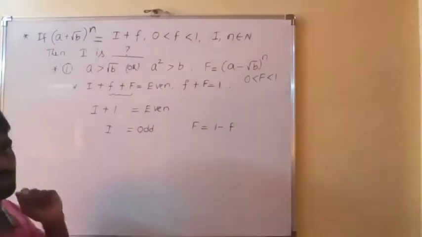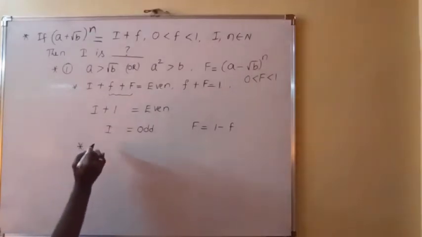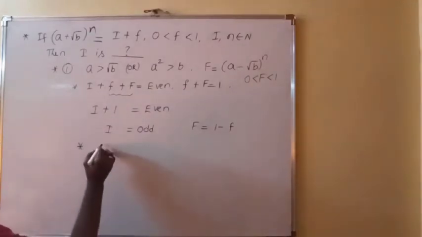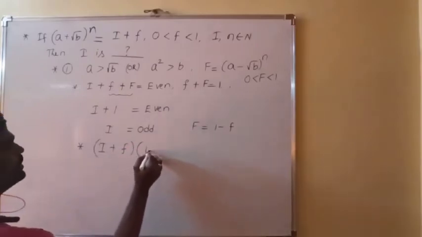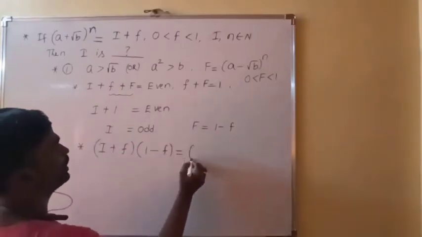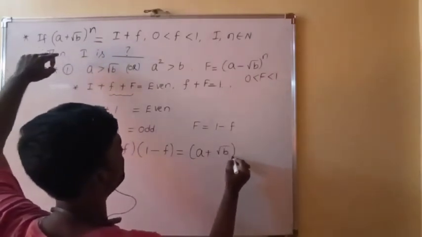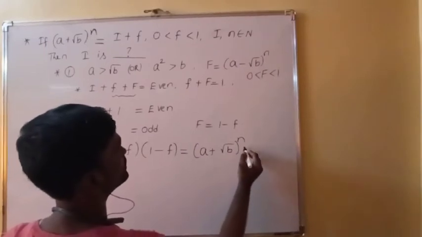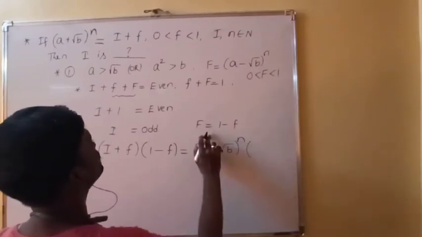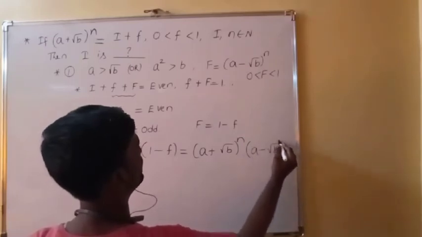So in this case you have to remember two points. First, I is an odd number. And second, as F is 1 − f, then (I + f)(1 − f): I + f is what? (a + √b)^n. 1 − f is the same as capital F, so F is what? (a − √b)^n.